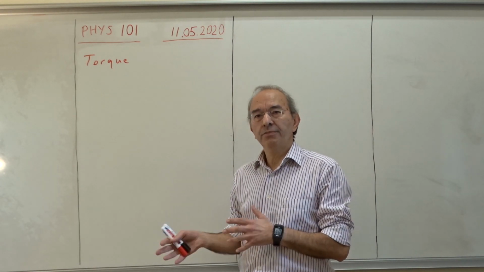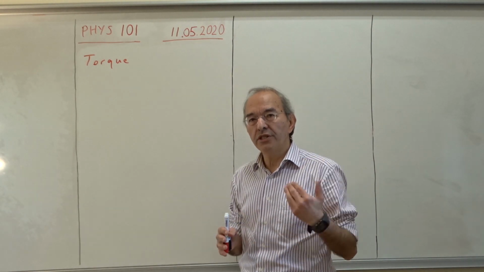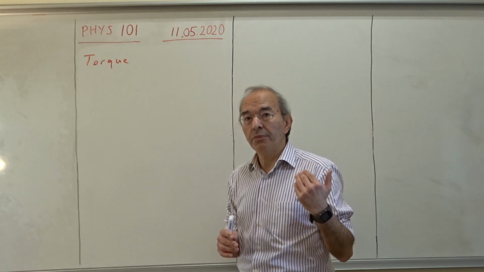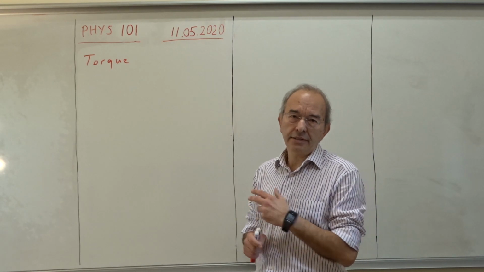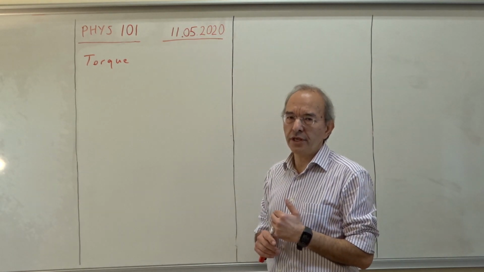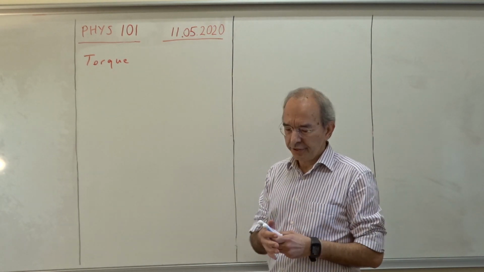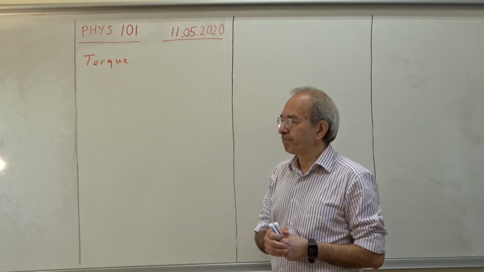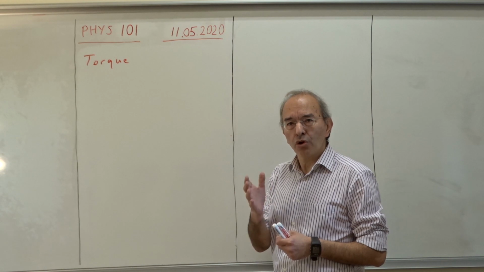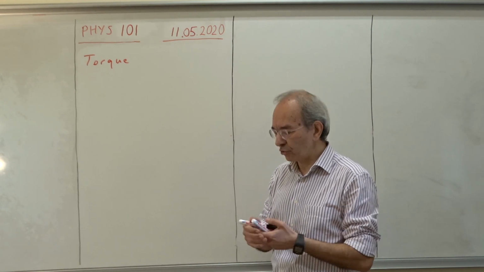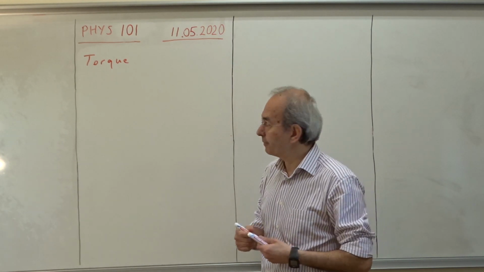One is a vector product, cross product, that we have seen in chapter 1 at the beginning of the term, of course, and the other is I times alpha. So we will first see the vector nature. For instance, the definition of torque, first one, let's say, is R cross F. It's a cross product.